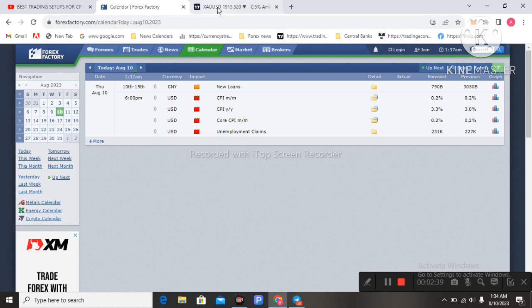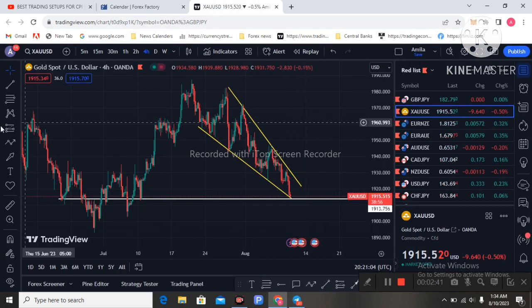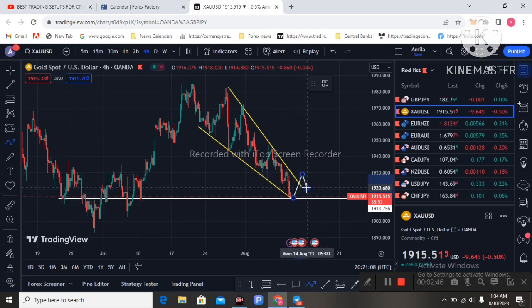So the dollar will sell off and gold will be bought from this zone. That is my other option for how to trade gold with the CPI data report.